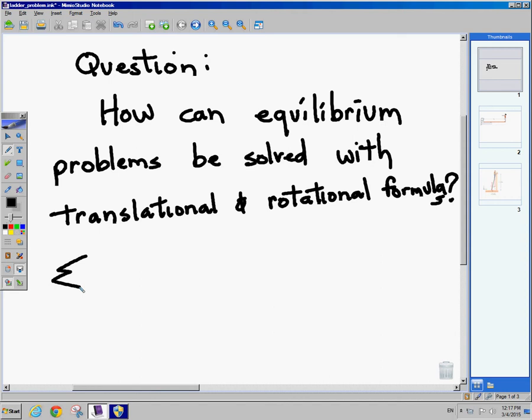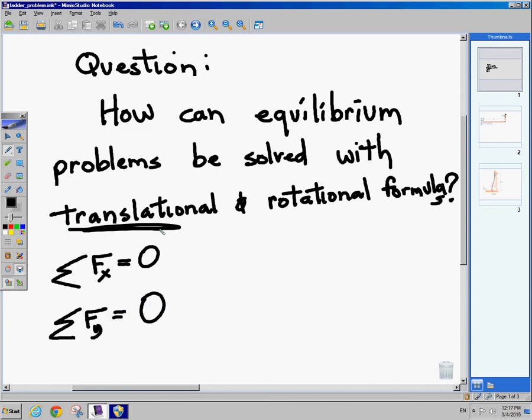So the sum of all the forces in the x direction has to equal 0, and the sum of all the forces in the y direction has to equal 0. Those are the translational formulas that we're going to be applying.